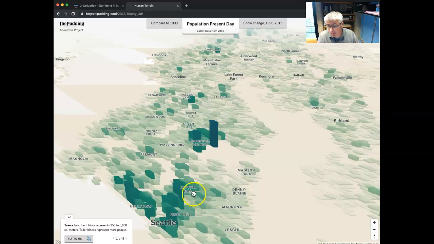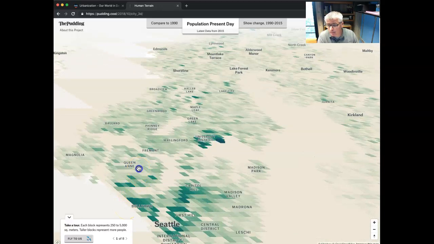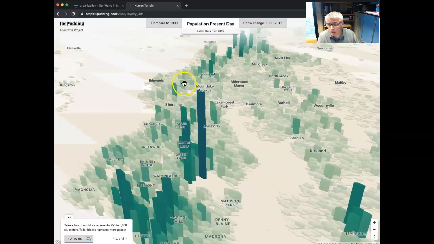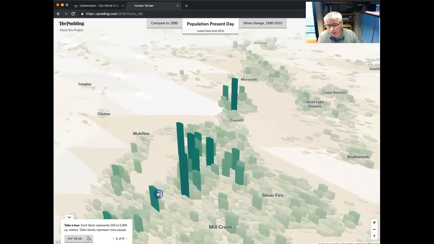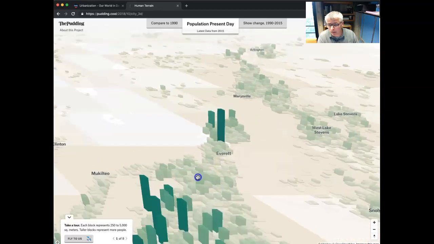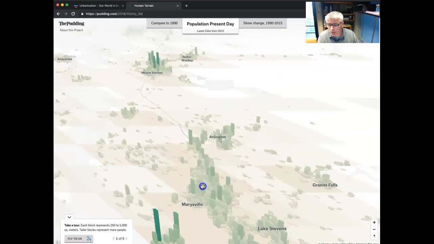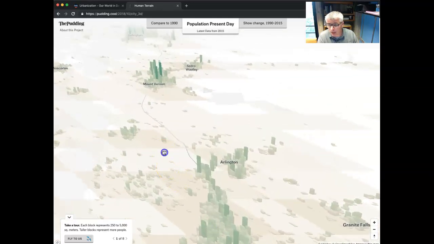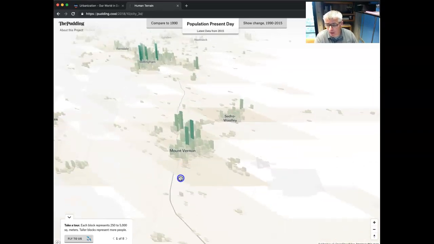University District, very high populations. Capitol Hill, downtown Belltown area. Moving north along the I-5 corridor, kind of Lynnwood to Everett, impacted by Boeing, other industries. And then lesser populations through Skagit County, North Snohomish County.